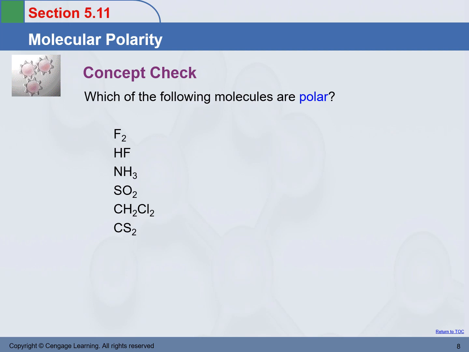Then continue the video to see the answer keys. These are the polar molecules. The first one, the last one, nonpolar. All the others are polar molecules.